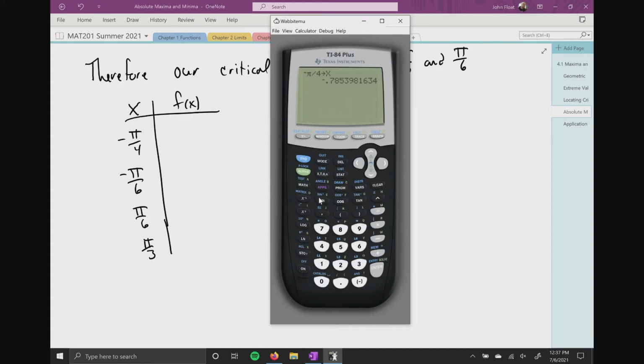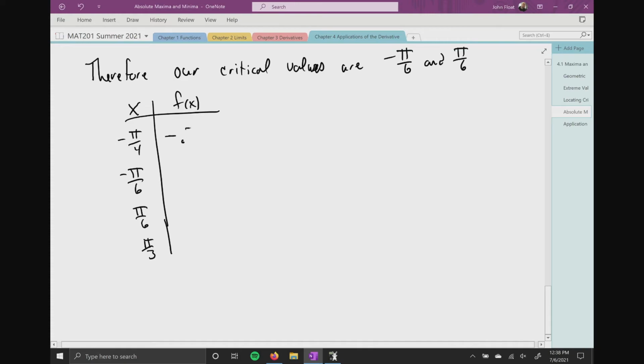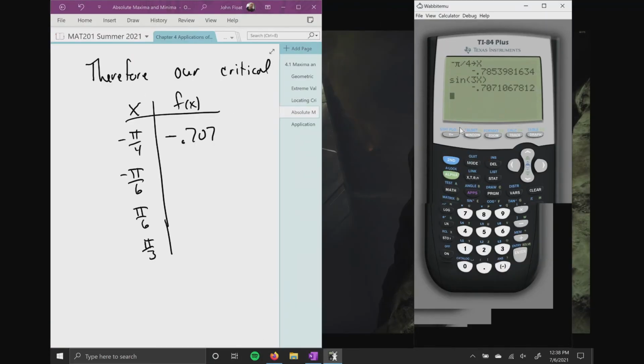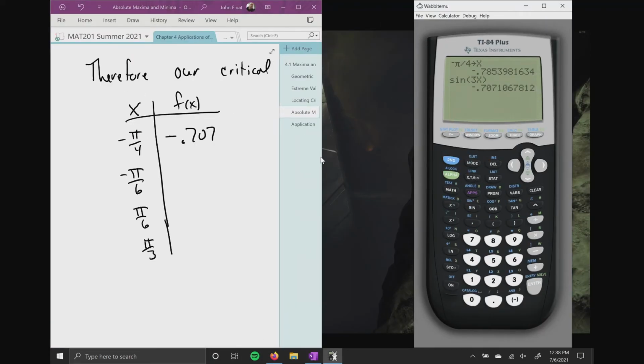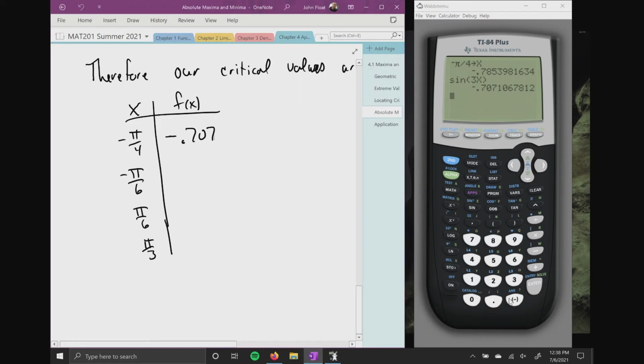Sine 3x is going to be negative 0.707. So I'm just going to write that in. So negative 0.707. And I'm going to just repeat that process for all my other x values. So let me just get my calculator up here. All right, so the next one is going to be negative pi over 6.